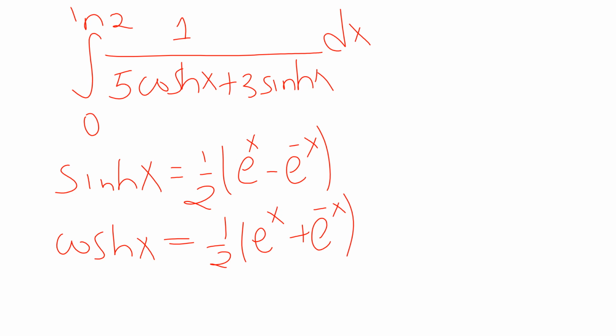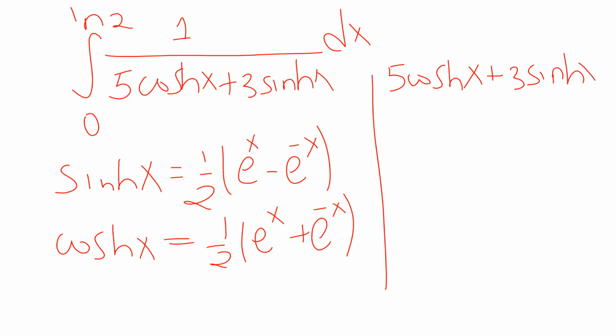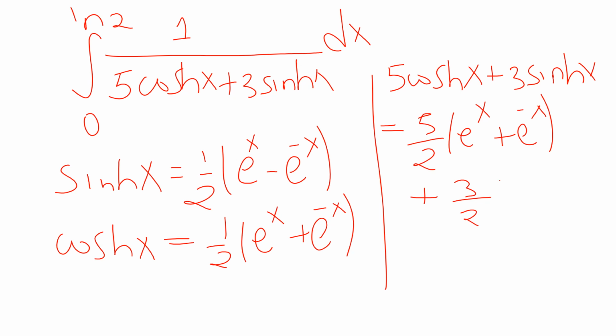Okay, it therefore means that 5 times cosh x plus 3 times sinh x will be equal to, now if I take 5, I'm going to have 5 on 2 into e to the x plus e to the negative x, then plus we have 3 divided by 2 into e to the x minus e to the negative x.